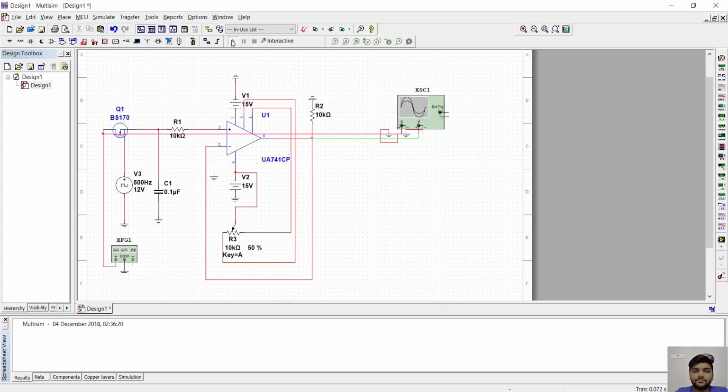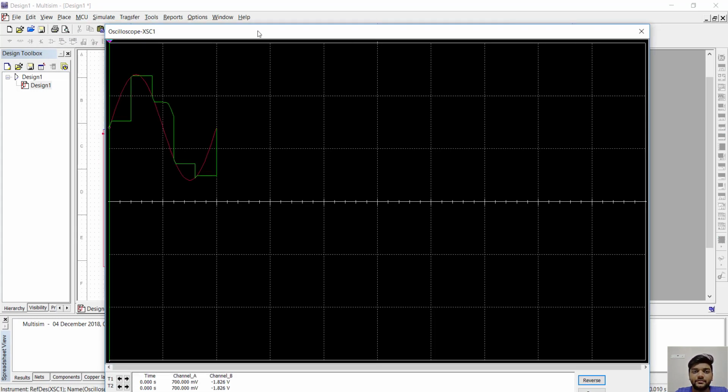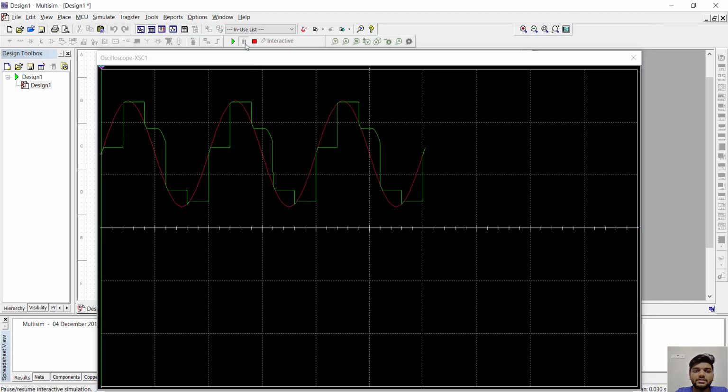Let us see what will happen. As you can see, this is our complete wave, and here we have 1, 2, 3, 4, and 5 samples being taken.